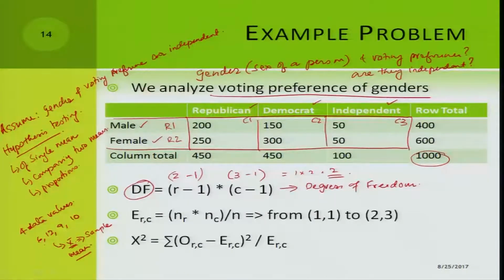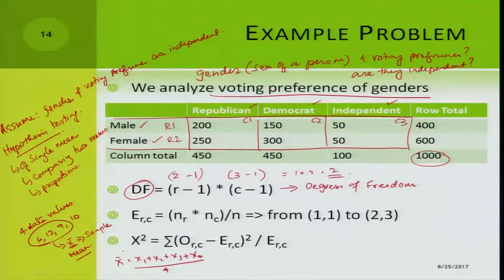If I give you x bar and any 3 of these values, you can find the 4th value, because x bar is equal to (x1 plus x2 plus x3 plus x4) divided by 4. So any 3 values along with x bar let you find the 4th.